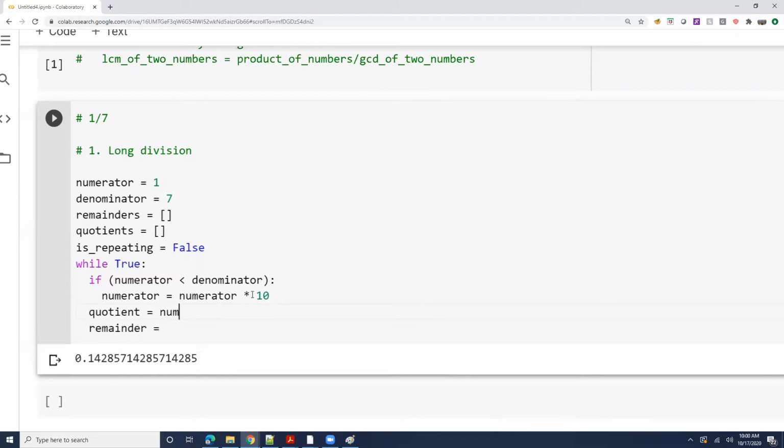Okay, so numerator divided by denominator, but in Python, what does that give you? Does that give you an integer or a float? It gives you a float, but are quotients floats? No, right? We want quotients to be individual numbers. So how do you do that?